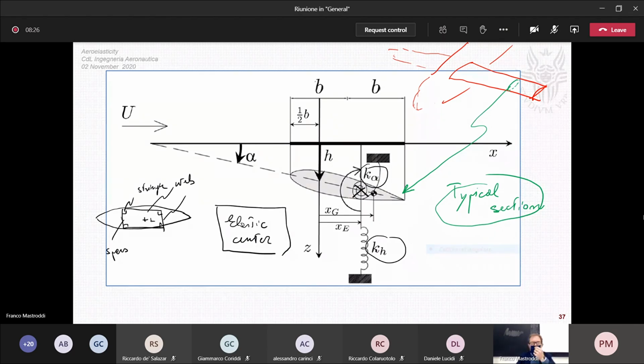And this point is such that if you apply here a concentrated force, the effect of a vertical concentrated force applied in this point gives as a result a pure translation of the wing section like this. Only translation. Only vertical translation.